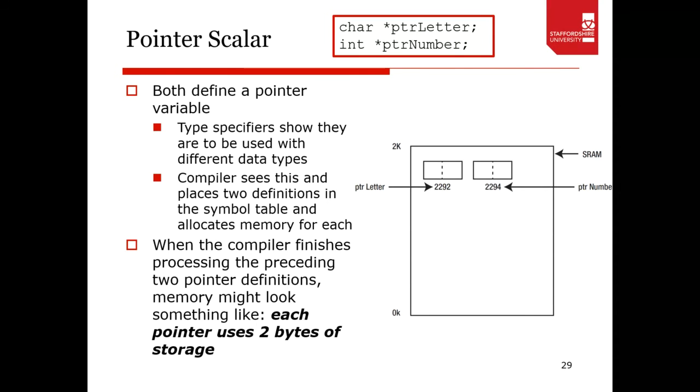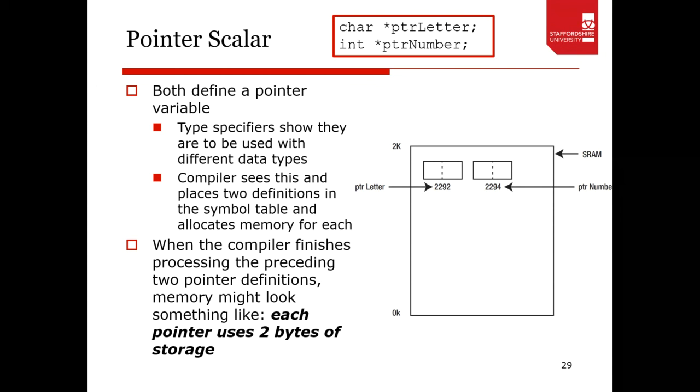So for example, when the compiler finishes processing the preceding 2 pointer definitions, the memory might look something like this. So each pointer uses 2 bytes of storage. So pointer letter 2292 to 2293, and so to store the pointer we take 2 bytes.